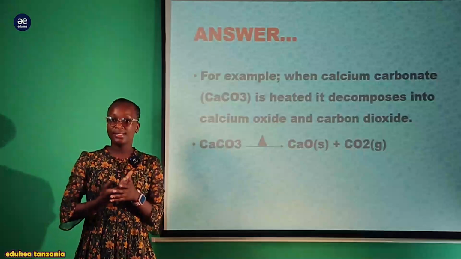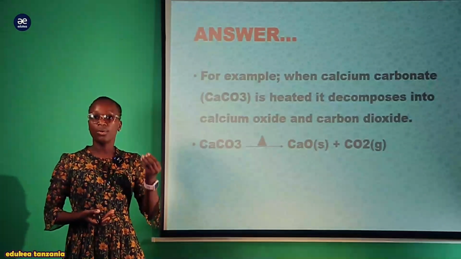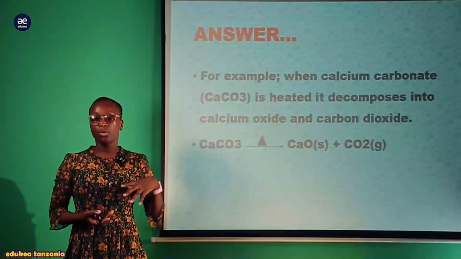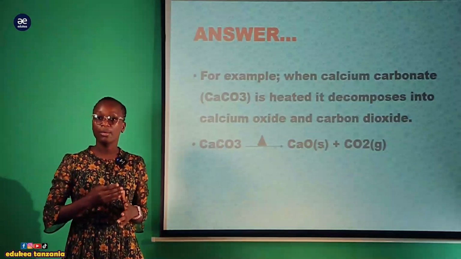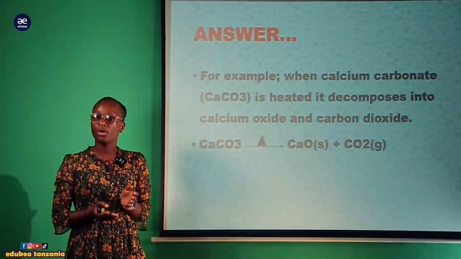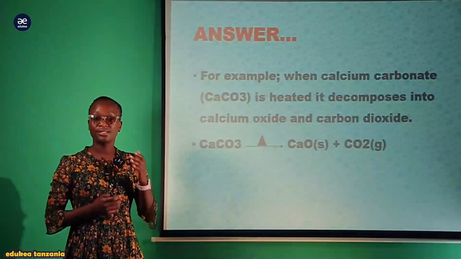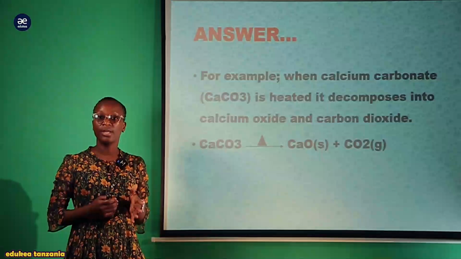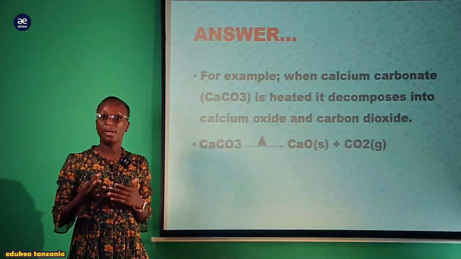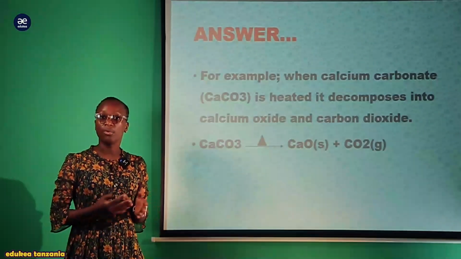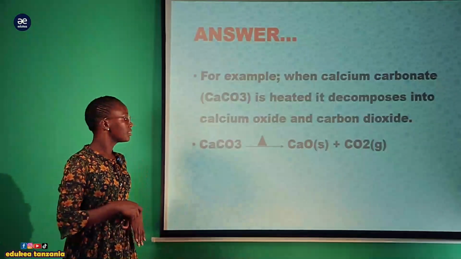Kwamba unaelezea ile behavior ya hii carbonate salt, lakini vile vile after there unakuja unatoa mfano. Ukishatoa mfano, unakuja unatoa chemical equation. Ukishatoa ile chemical equation, make sure unaibalance. Ili chemical equation ijulikane kwamba ni chemical equation, lazima iwe balance, kwa sababu most of the criteria za chemical equation ni kwamba yenyewe inatuonyesha zile reacting number of the metals or the atom, number of mole, zile fixed ratio zote tunakuja kuziconsider au tunakuja kuziona kwenye balancing chemical equation.